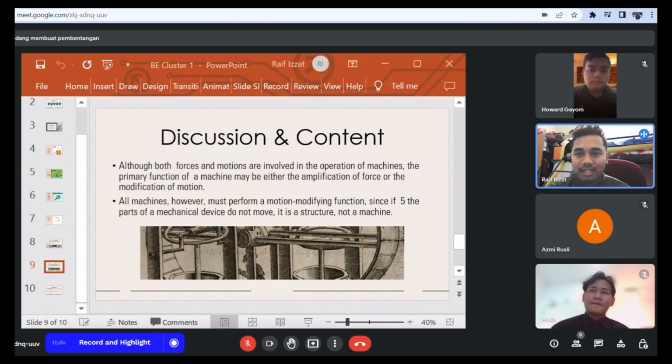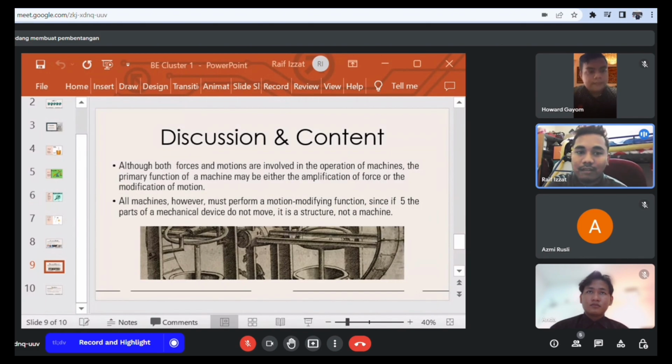For discussion and content, according to the definition and introduction, both force and motion are transmitted and modified in a machine. Although both force and motion are involved in the operation of machines, the primary function of a machine may be either the amplification of force or the modification of motion.